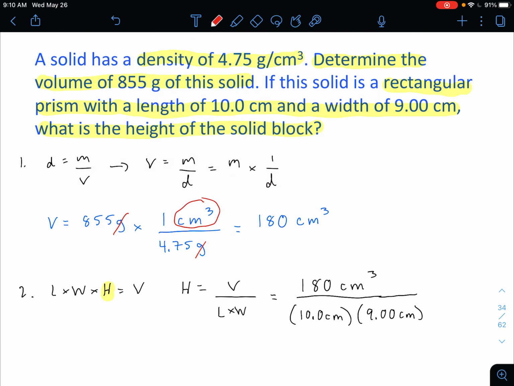And in terms of the units here, right, the centimeters cubed is divided by centimeters squared, so it'll just be centimeters that we're left with, which is good. That's what we'd expect for the height. And if we solve that, we find that the height would be 2.0 centimeters.